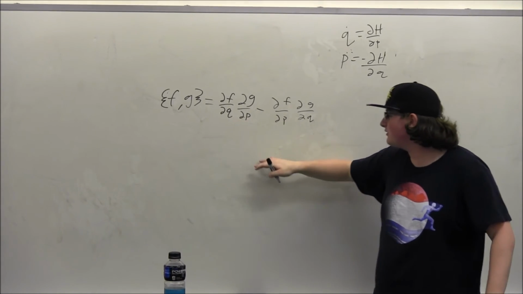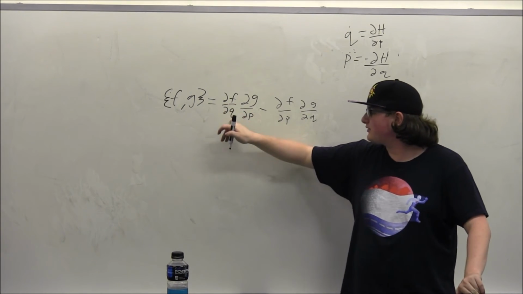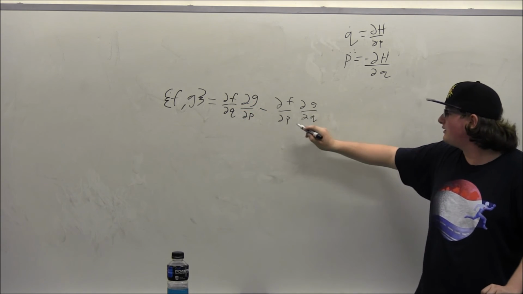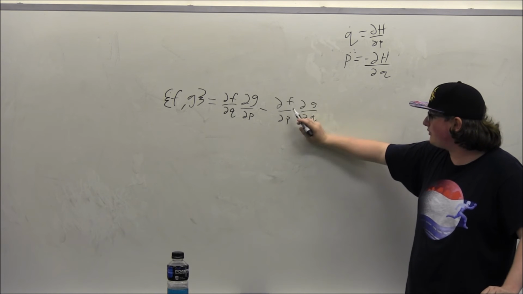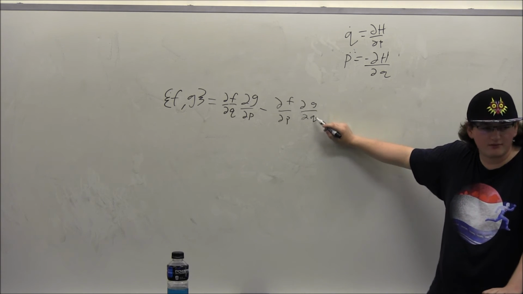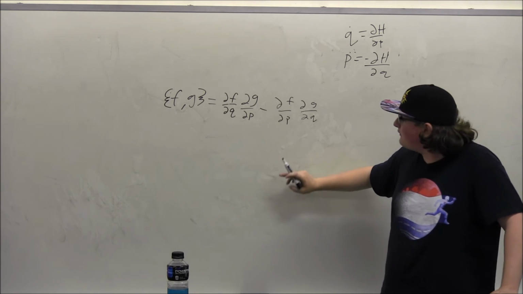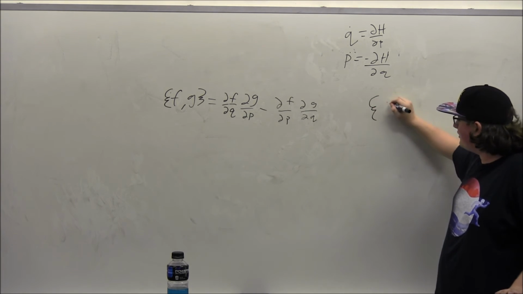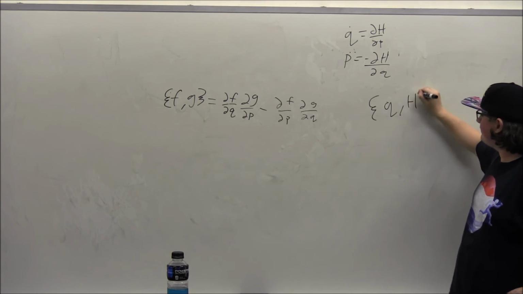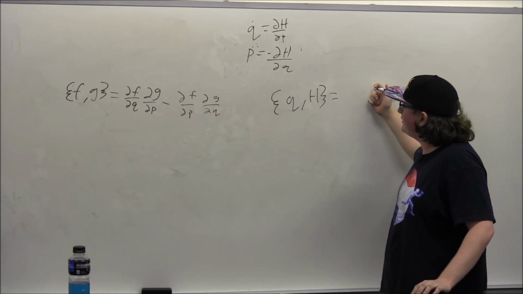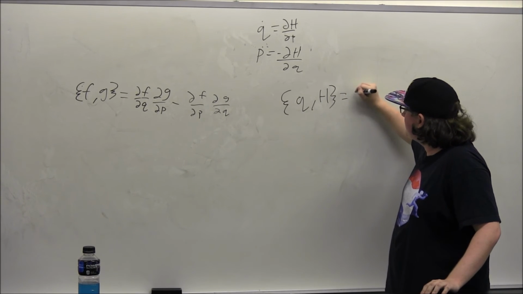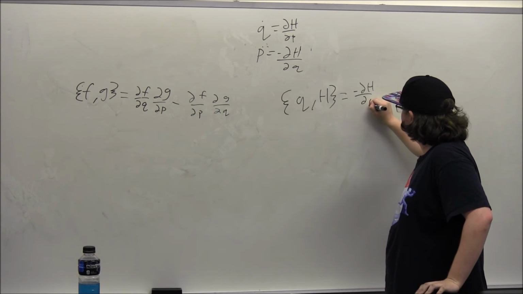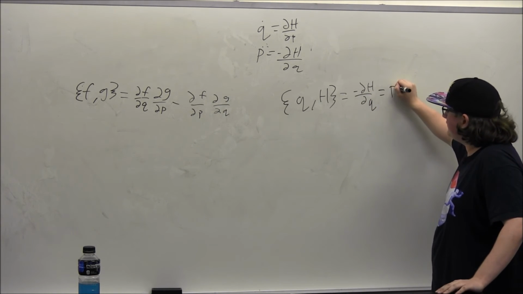So partial the first one with respect to Q, partial the second one with respect to P. You multiply the two quantities together, then you subtract partial the first one with respect to P times partial the second one with respect to Q. If you actually go through the math and try position with the Hamiltonian, you find that this just becomes negative partial H over partial Q, which is P dot.